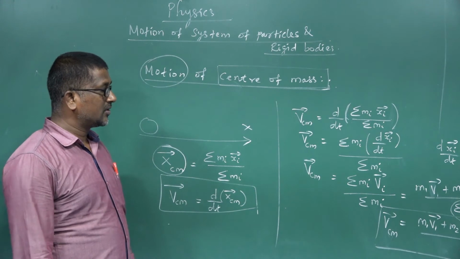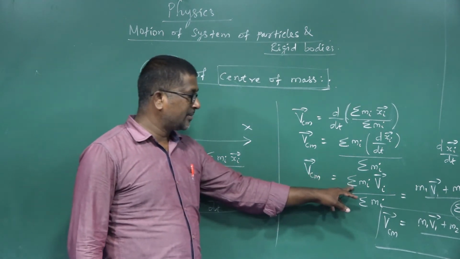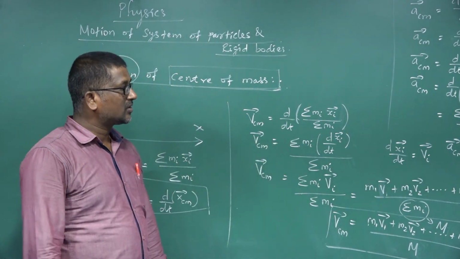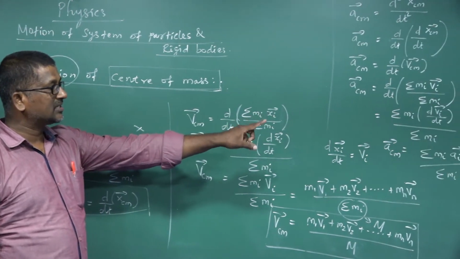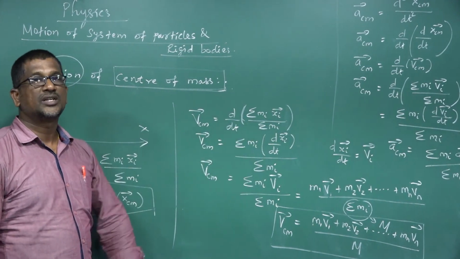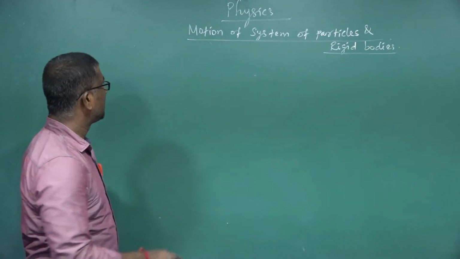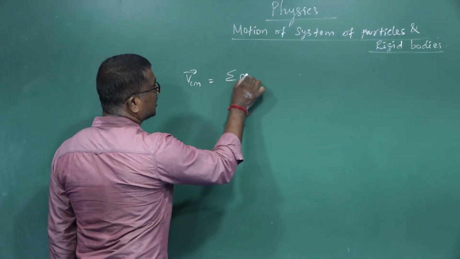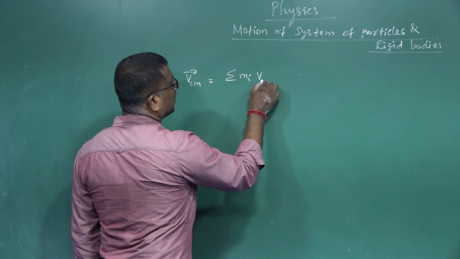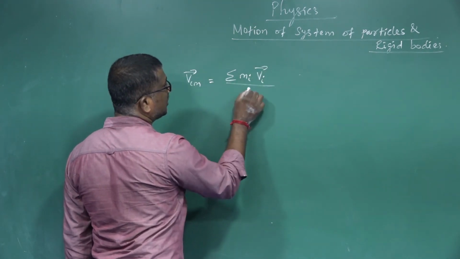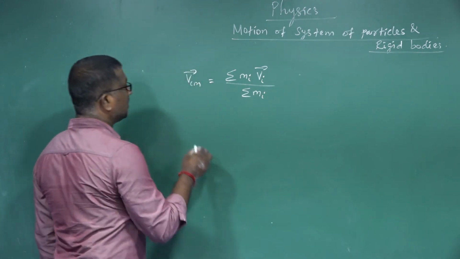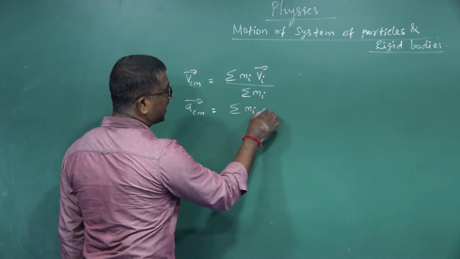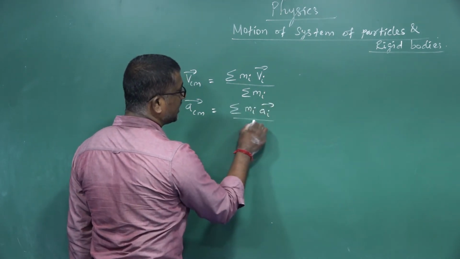The expression for the velocity of the center of mass is V_cm vector equal to summation m_i v_i vector divided by summation m_i, and the acceleration of the center of mass is A_cm vector equal to summation m_i a_i vector divided by summation m_i.